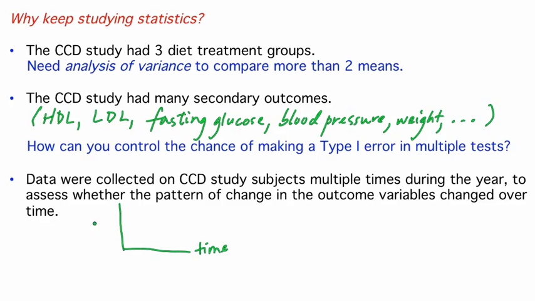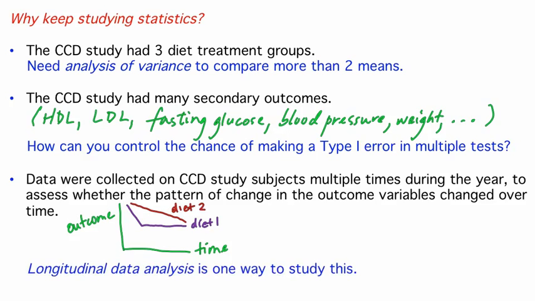To see what I mean by this, imagine one diet in which there was a change right at the beginning of the study, but then it leveled off. But a different diet had a gradual change. They might both end up in the same place, but not in the same way. And it would be interesting to study this. One way to do this is using longitudinal data analysis. Again, a topic for a more advanced statistics course.